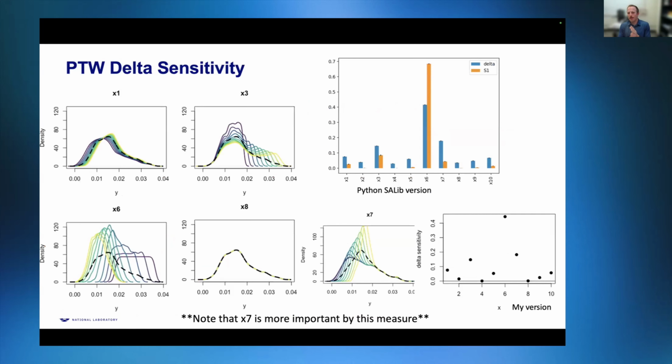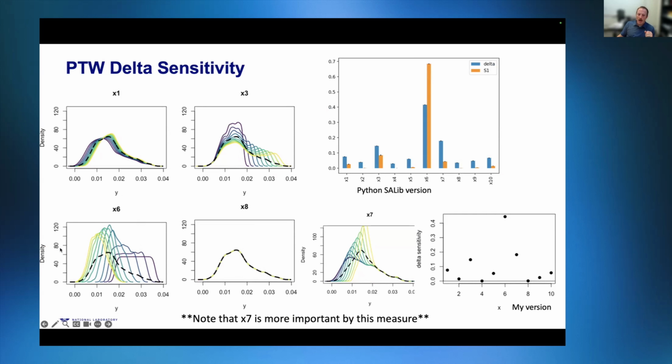All right, so what does it look like for some of our PTW inputs? For x1, as you change x1 and fix it at different values, the density of the response doesn't change a whole lot, right? Compared to x3. For x8, it doesn't change at all, so we can see x8 isn't really getting used.